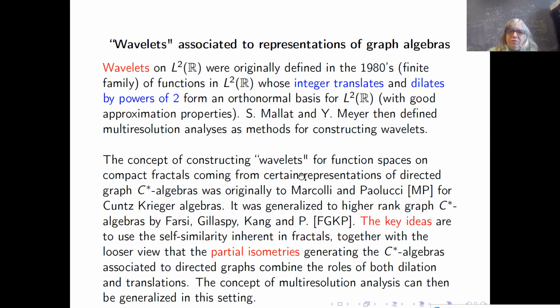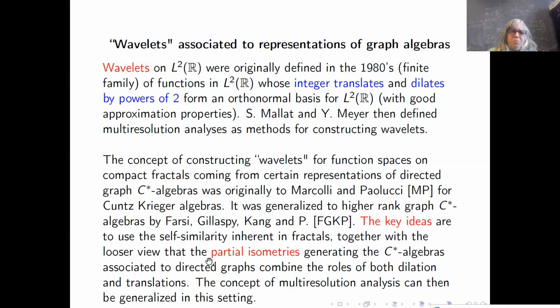Now, for us, wavelets mean something different, coming from the work of Marcolli and Paolucci, who in turn used work of Alf Johnson. The idea was that the partial isometries generating some directed graph C star algebra should be viewed as generalized translations and dilations together.